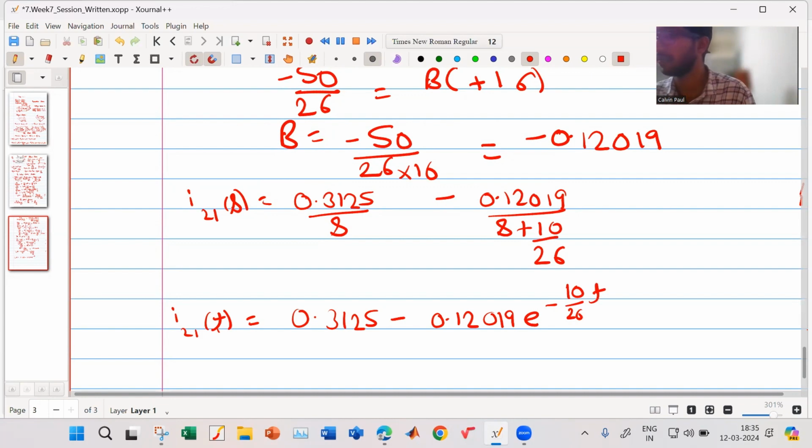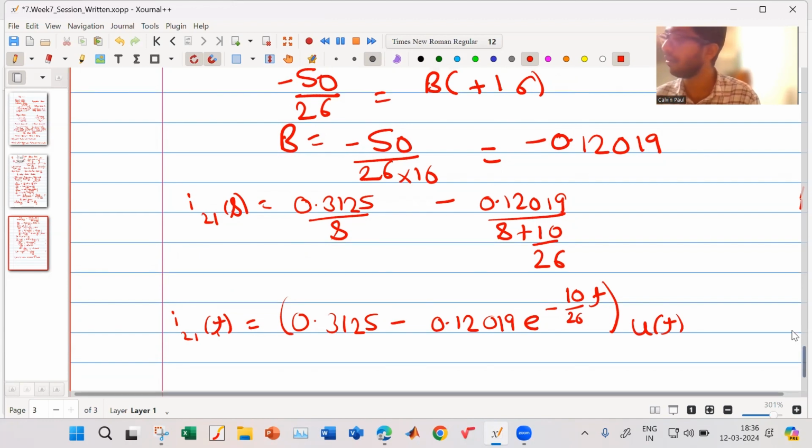And this will be 10 divided by 26, u of t. So 0.3125 into e to the power minus t, since it is A by s plus 1.